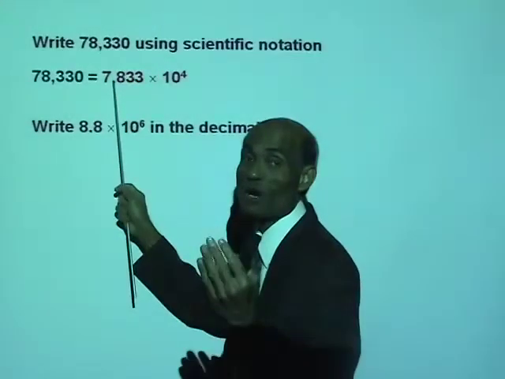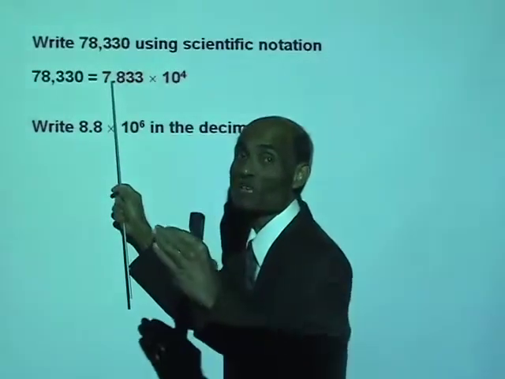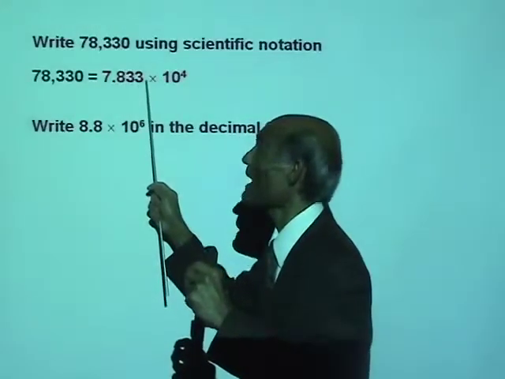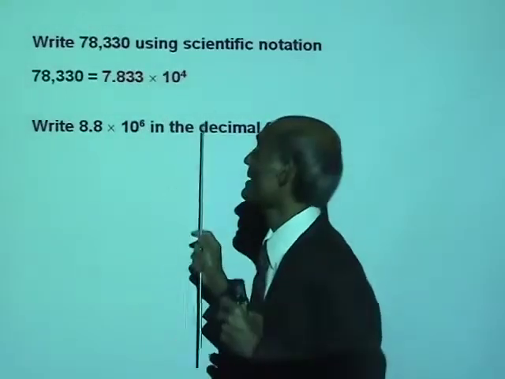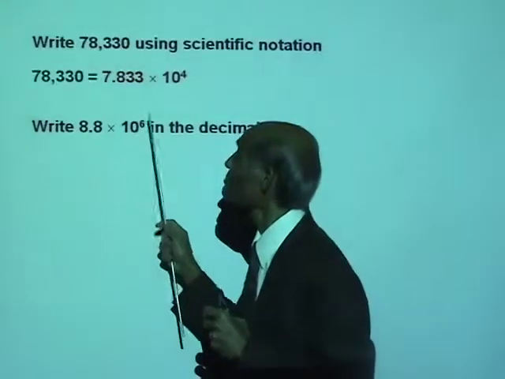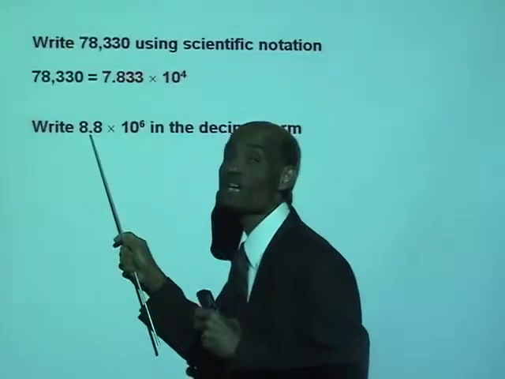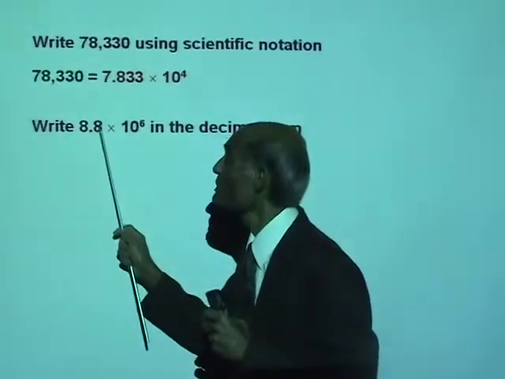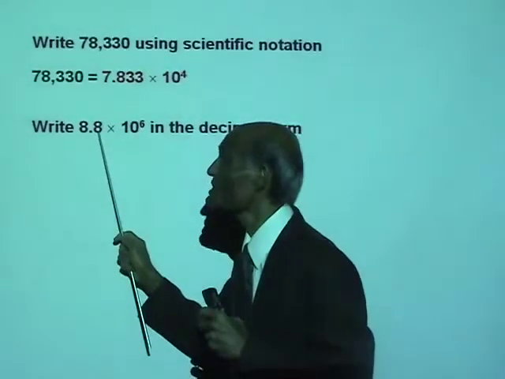That means if you want to move from the scientific to the decimal, you need to now move the decimal back to the right. Now, the power 6 means this decimal needs to be moved 6 places to the right. And we have only one digit here.